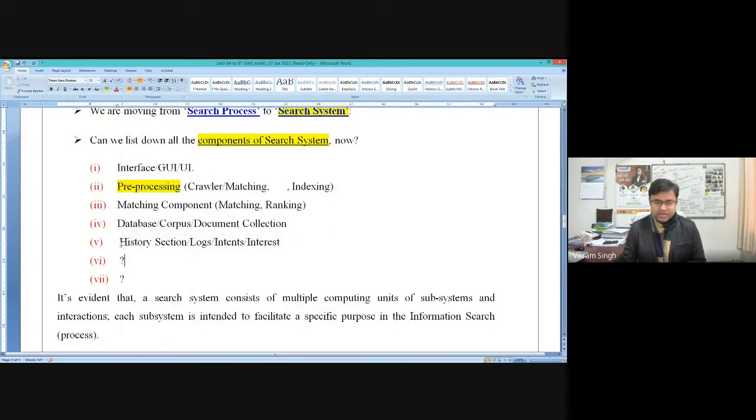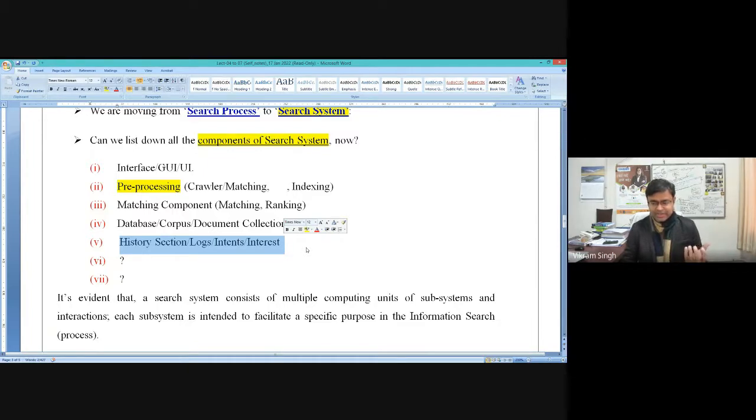In some cases, there is a specific component which is taking care of capturing all these history logs. Logs means, whatever interest you have shown, whatever queries you have pushed into the system, all these things are captured.